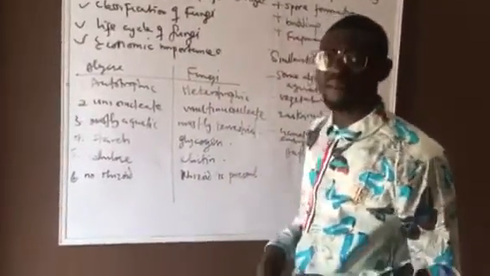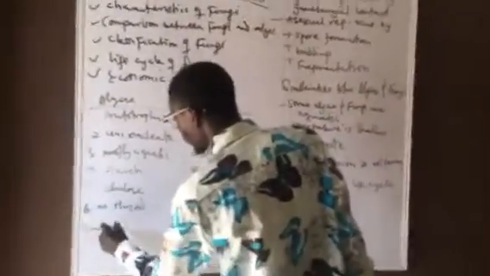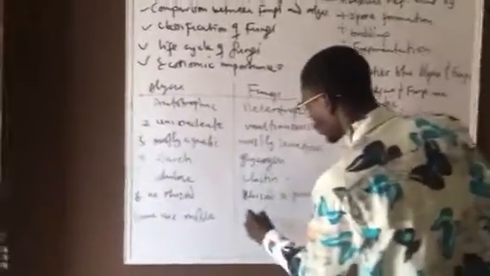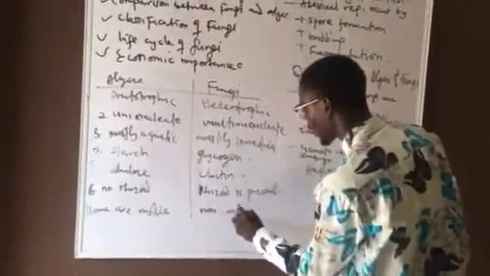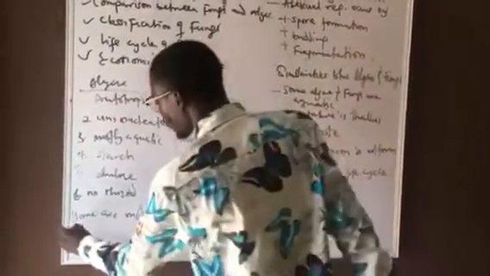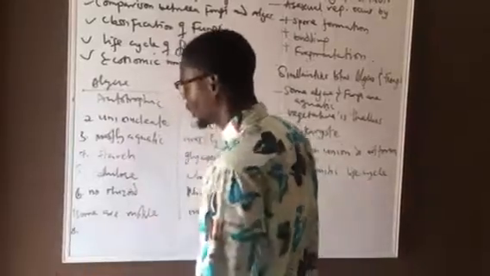Algae can sometimes be motile, some are motile. But fungi are non-motile. They don't move from one place to another. In algae, you can also have alternation of generation, in advanced algae like Fucus, the giant algae.